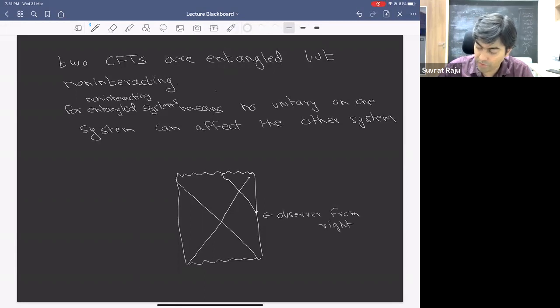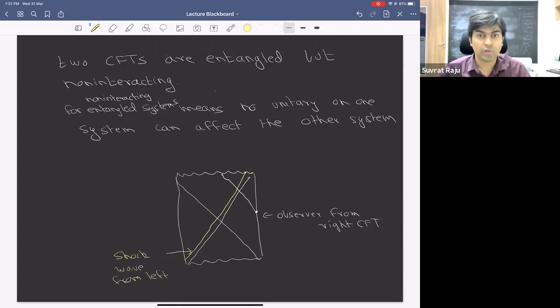And this observer from the right CFT jumps into the horizon as the observer was doing in the previous case for the single-sided black hole and crashes into the singularity. But now notice that if from the left CFT you send a shock wave, so this is a shock wave sent from the left, then the observer will interact with this shock wave.